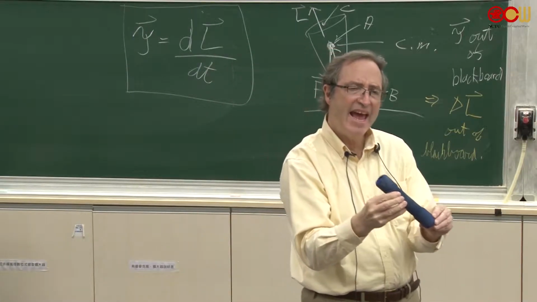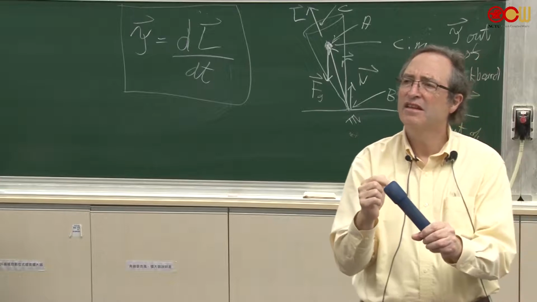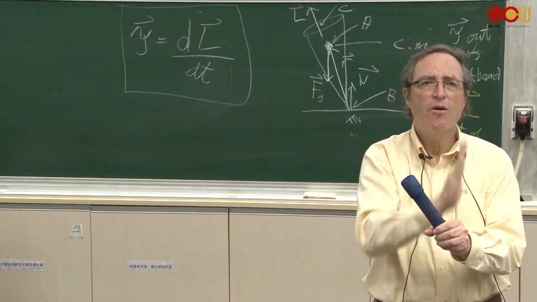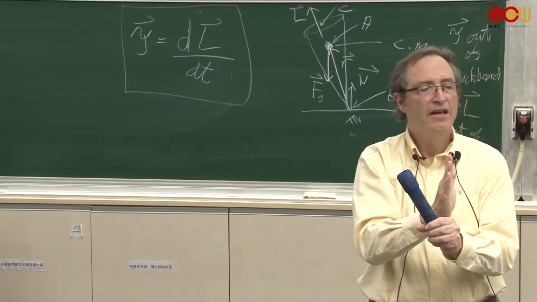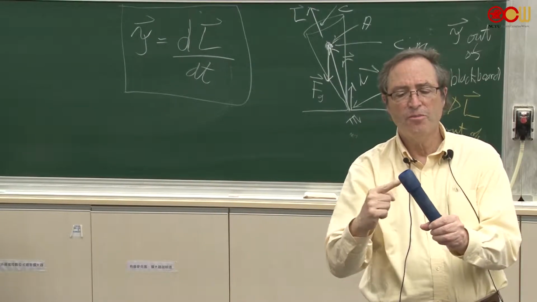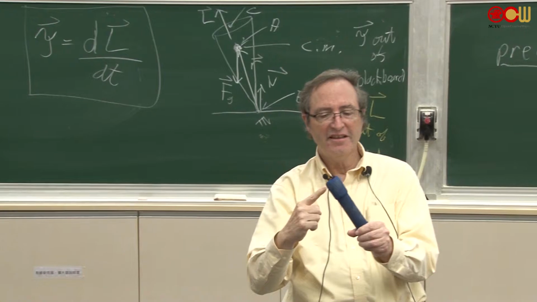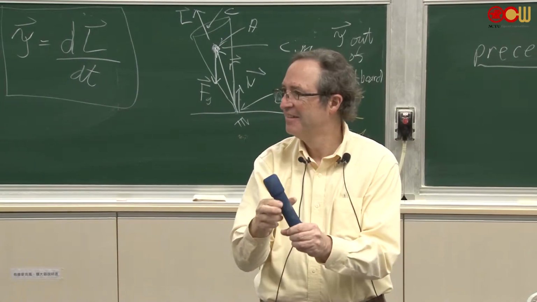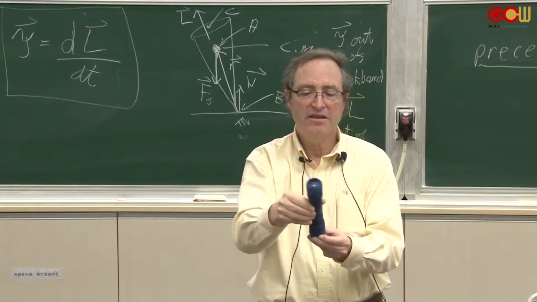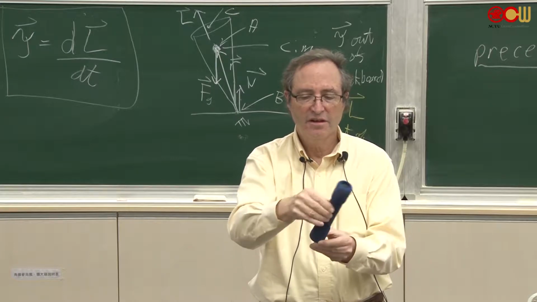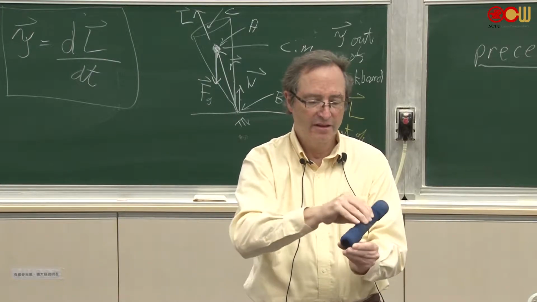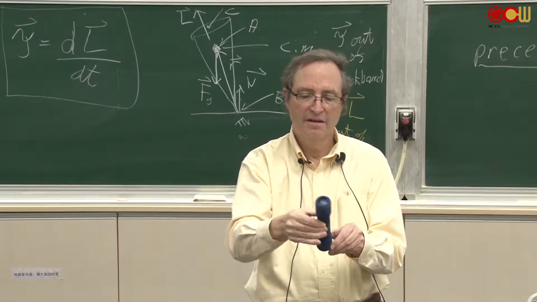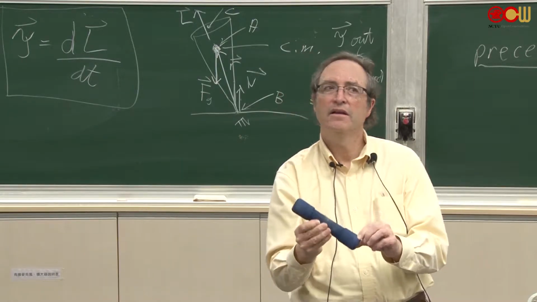So if it's going down, its angular momentum in this direction has changed a little. And so there'll be a torque causing it to go back up. And so what actually happens is it goes around like this, and then it also goes up and down like that. All right?